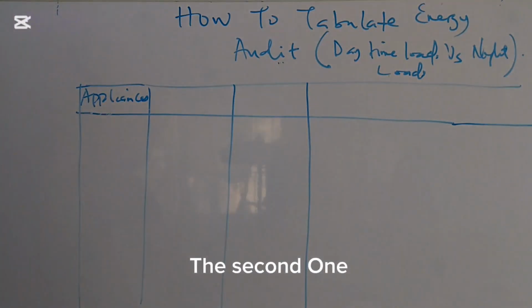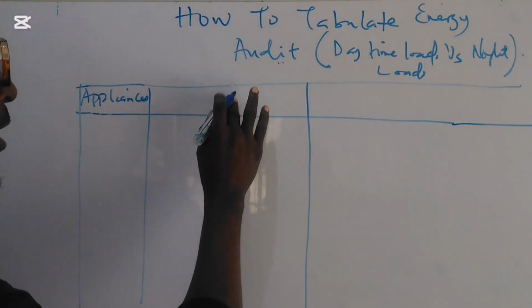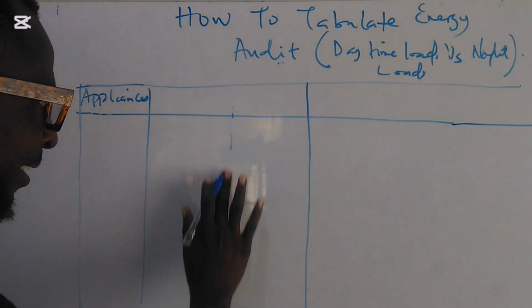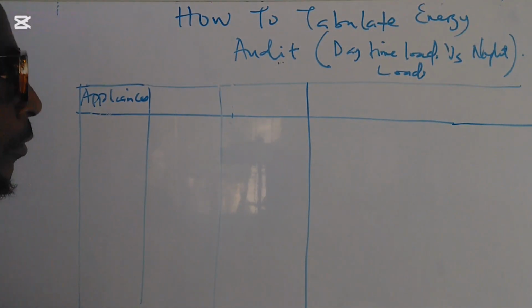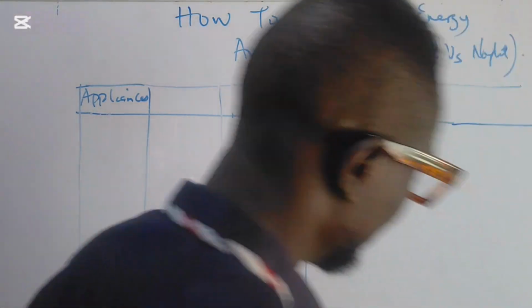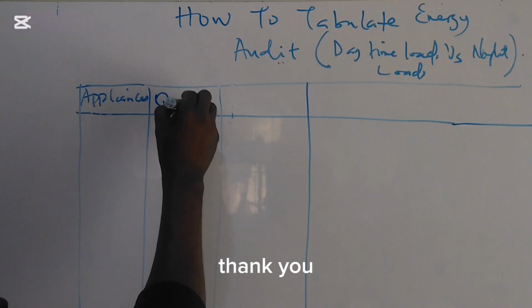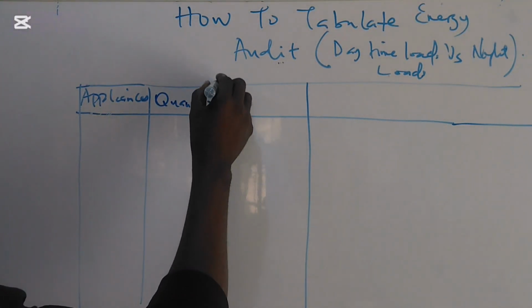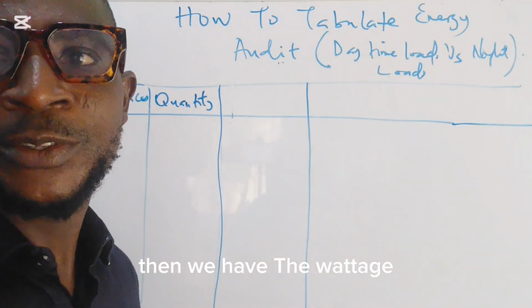The second one, we have the quantity. How many are they? We have a column for the quantity. Thank you, this is better. Then we have the wattage.